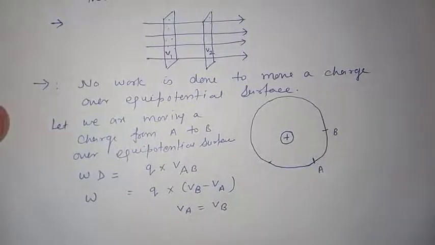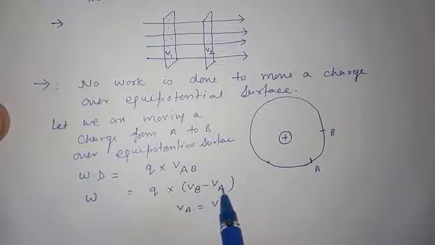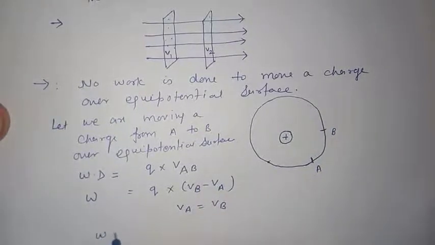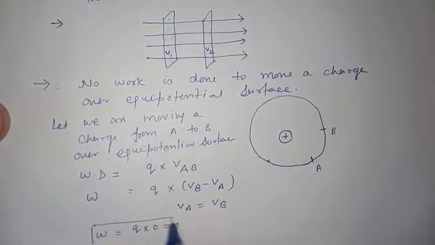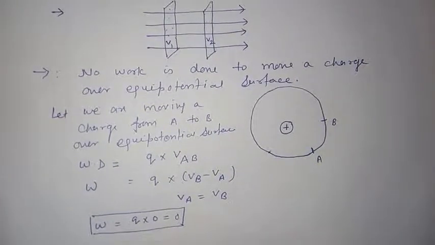Potential is the same over the surface. So if potential is 5, then 5 minus 5 is 0, right? So work done is Q into 0, which is 0. So this is how to prove work done to move a charge over an equipotential surface is 0.